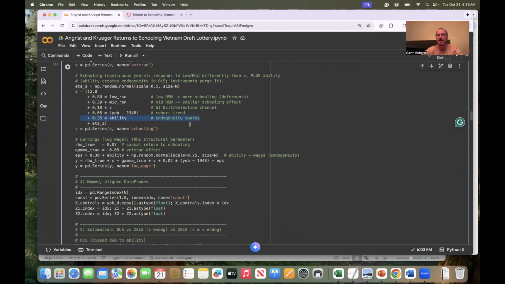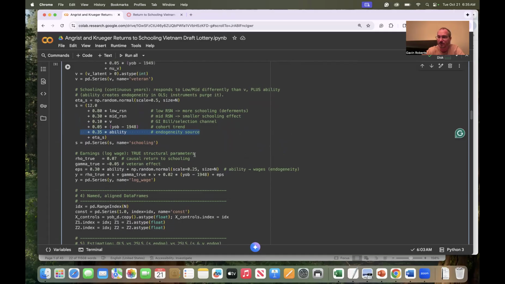Okay. And that's going to be uncorrelated, of course, with the probability of being drafted. So this just shows that if we ignore the endogeneity issue, we're going to get the wrong result because we can just do simple OLS, totally forget that we're doing the lottery draft thing at all.